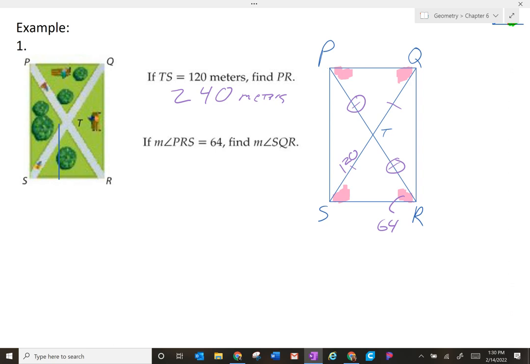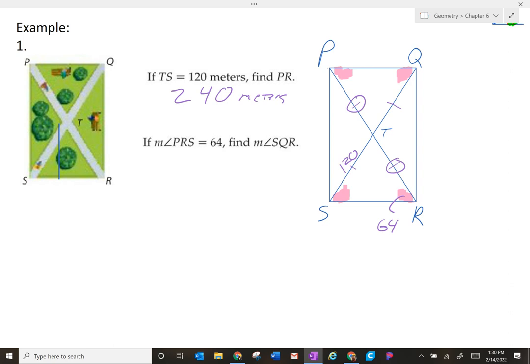I'm just identifying the things that are the exact same. They told us this angle right here was 64 degrees. Based on the theorem that I drew all the pictures for, every one of these four angles are all the exact same measure.